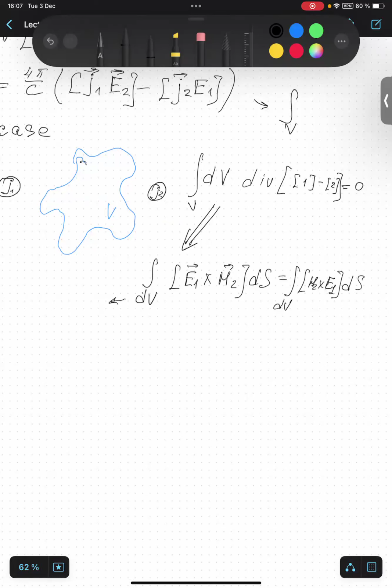Here dV is just the boundary of our arbitrary volume.